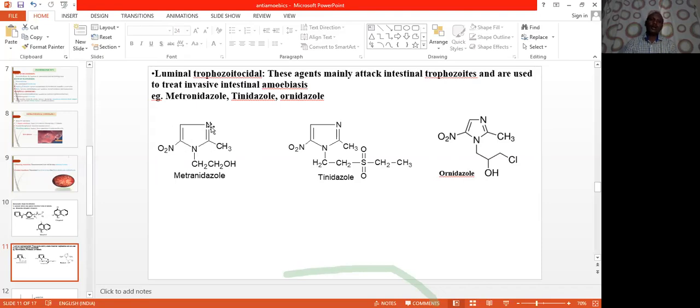What is common is the 2-methyl-5-nitroimidazole, and only the side chain attached to the first nitrogen of the imidazole will change. In this way it is easy for you to remember.